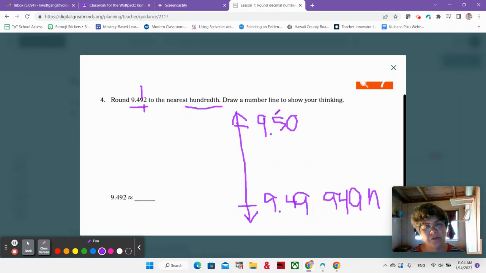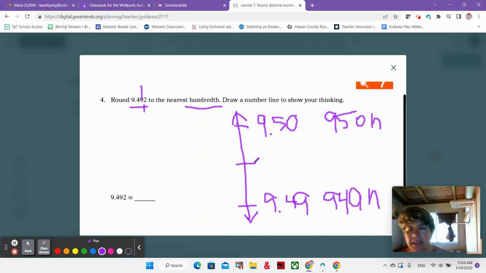You might be saying that's also 5/10. Well, yes, 50 hundredths and 5/10 are the same thing. So that would be 950 hundredths, right? Okay, and then we ask ourselves, what's halfway between 949 hundredths and 950 hundredths?